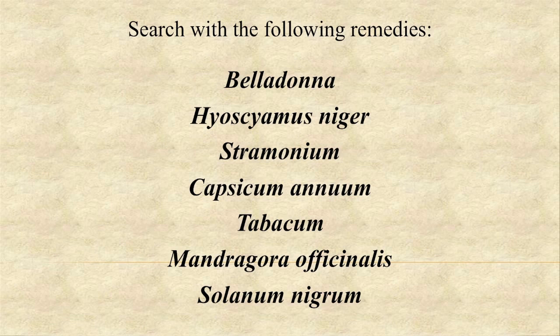We have the program Mac Repertory, which I use extensively, and this program helped me to find out the common sensation of the remedies of Solanaceae or any other family. The way I did it was to ask the program, tell me those rubrics in which the Solanaceae remedies are the highest percentage.